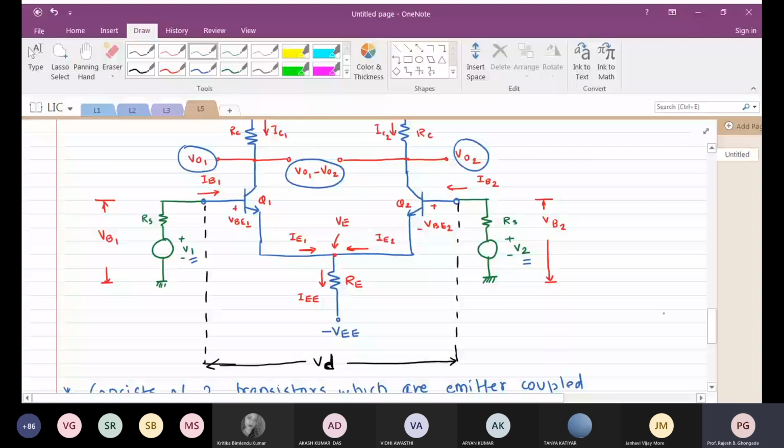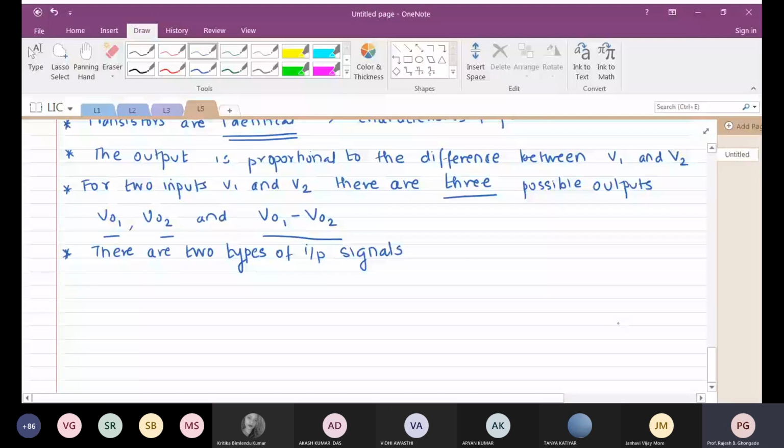For this differential amplifier, one is called the differential mode, and the second one is called the common mode.